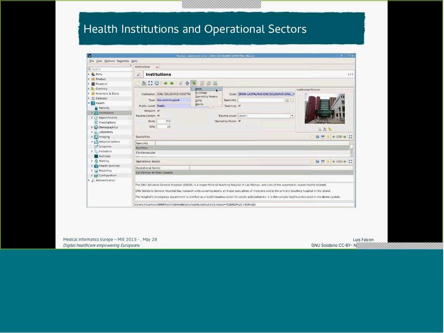So, operational sectors are an area within your city or within your province, where that health institution is responsible for the health campaigns and any sort of activity related to the health of the population.